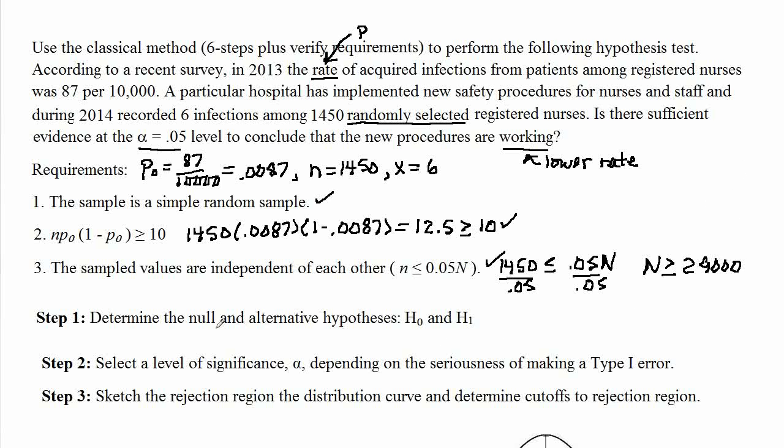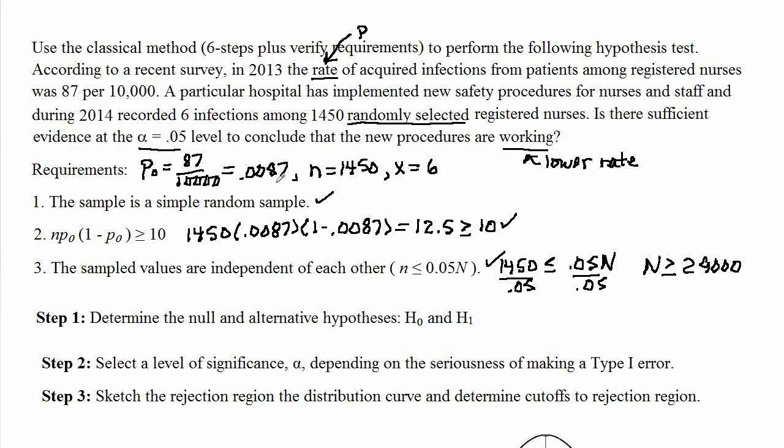Now let's determine our null and alternative hypotheses. Remember, you look at the alternative hypothesis. That's what you're trying to show. We're trying to show that these procedures are working. So we would want to show in the alternative hypothesis that the proportion is lower than what it was in the population.